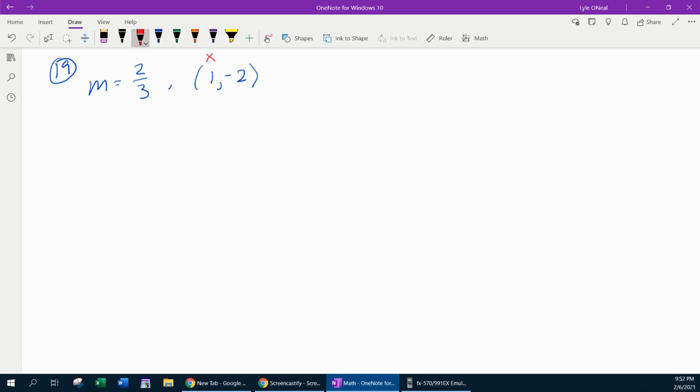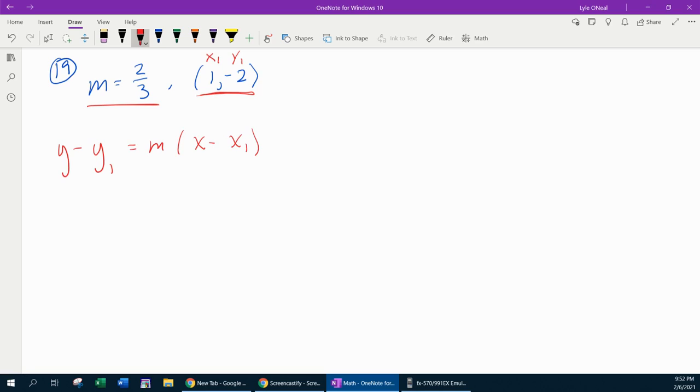So I'm going to label my point x1, y1. And remember I said if you're given a point and the slope, you can use point-slope form, which is y minus y1 equals m(x minus x1).